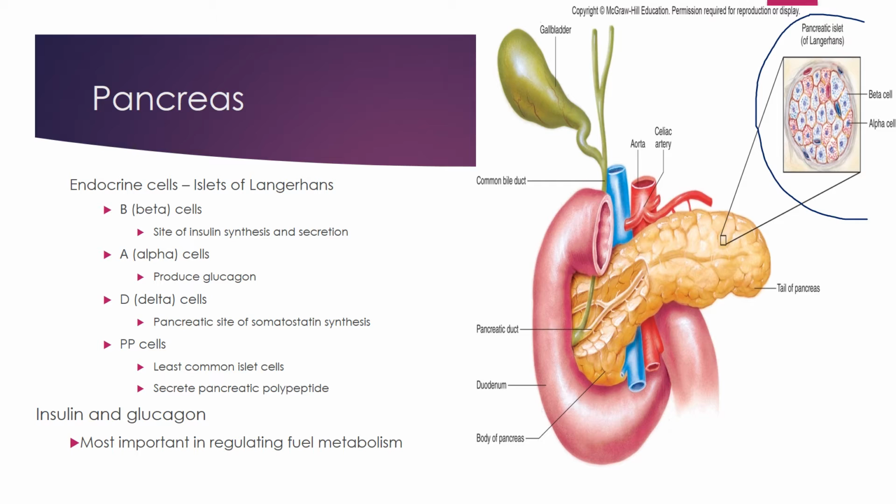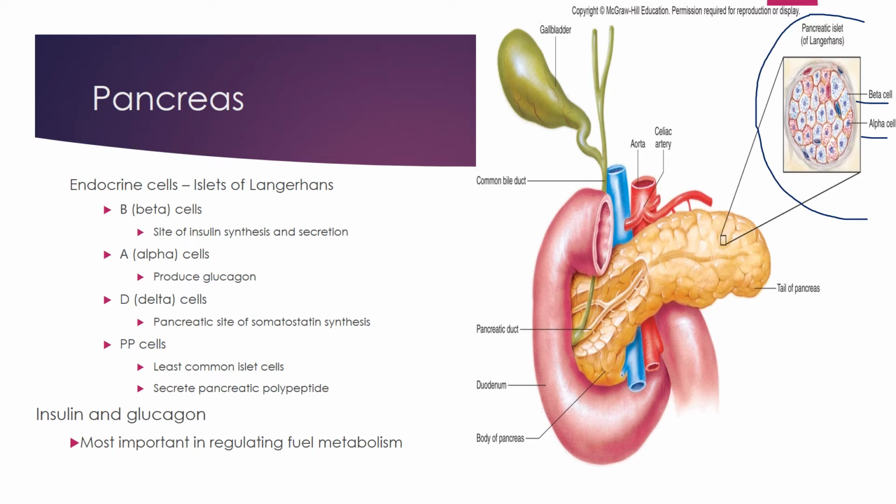The beta cells, which are here in blue, are the site of insulin synthesis and secretion. The alpha cells, here in red, are important in the production of glucagon. Delta cells, or D cells, are a site of somatostatin synthesis, which is important for nutrient and vitamin absorption, so they do play a role, however not with blood glucose levels.